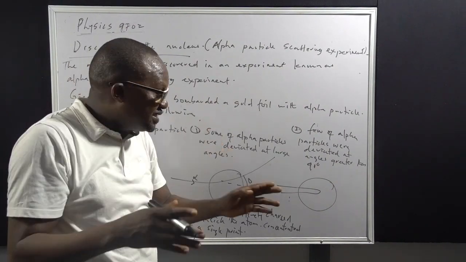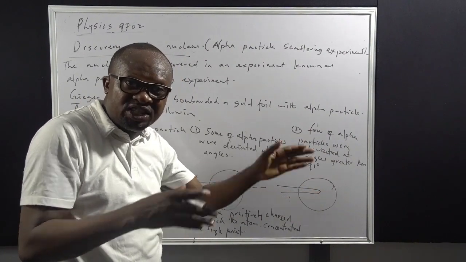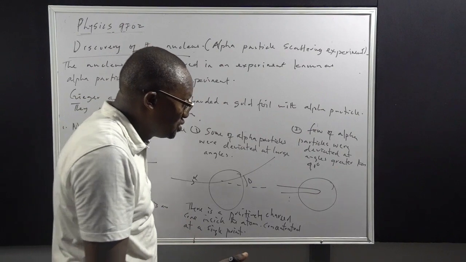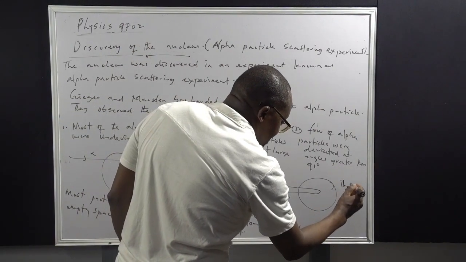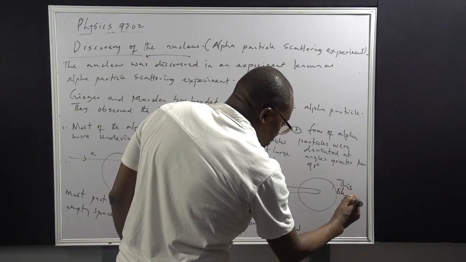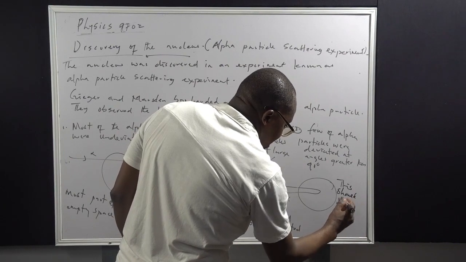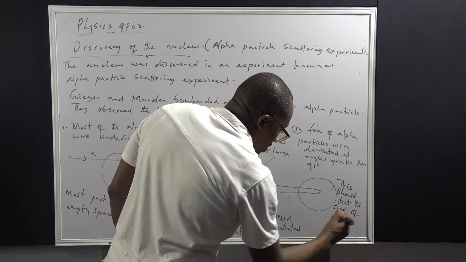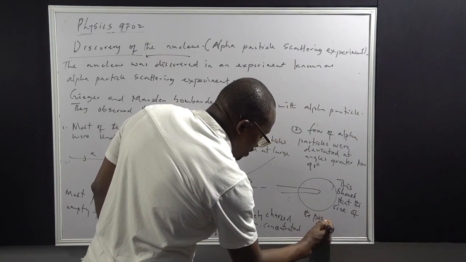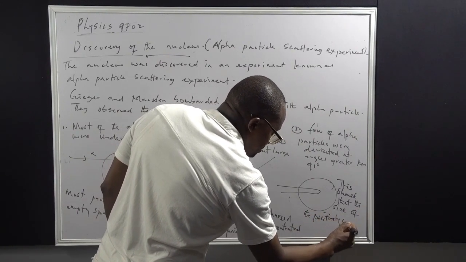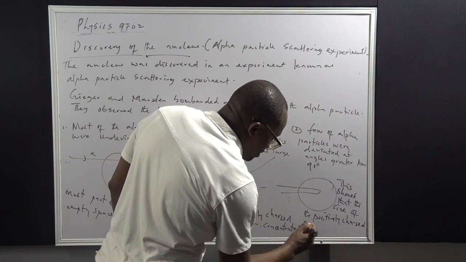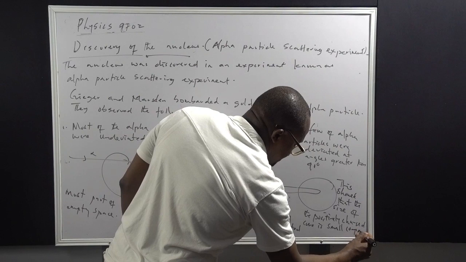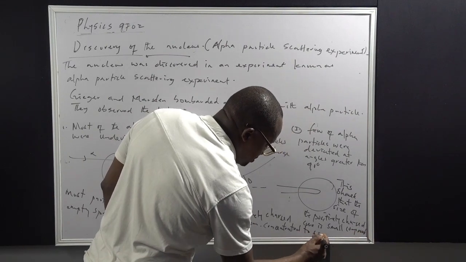It shows that the size of the positive charge core is small compared to the entire size of the what? Atom. So this showed that the size of the positively charged core is small compared to the size of the atom.